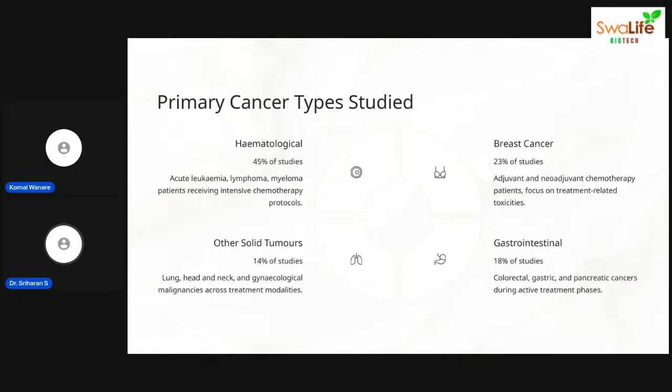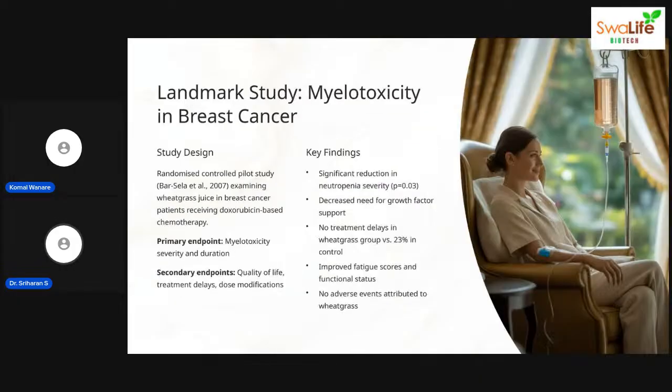Likewise, they take a major role in the hematological area, followed by breast cancer. In breast cancer, 23% of the studies on wheatgrass take place, focusing on treatment-related toxicity. Likewise, gastrointestinal cancers like colorectal and pancreatic cancer have 80% of studies in wheatgrass, and other solid tumors like neck cancer and tongue cancer have 14% of the studies. This is the percentage of studies in wheatgrass.